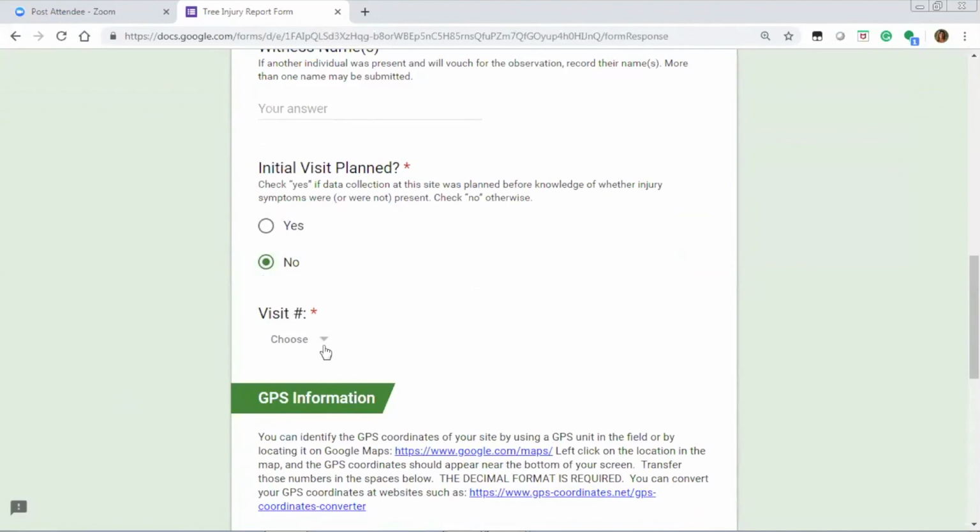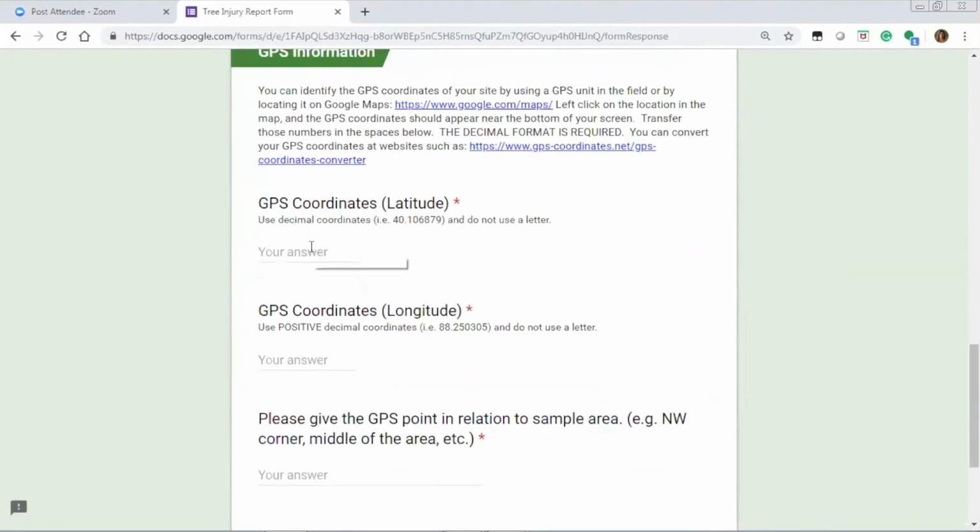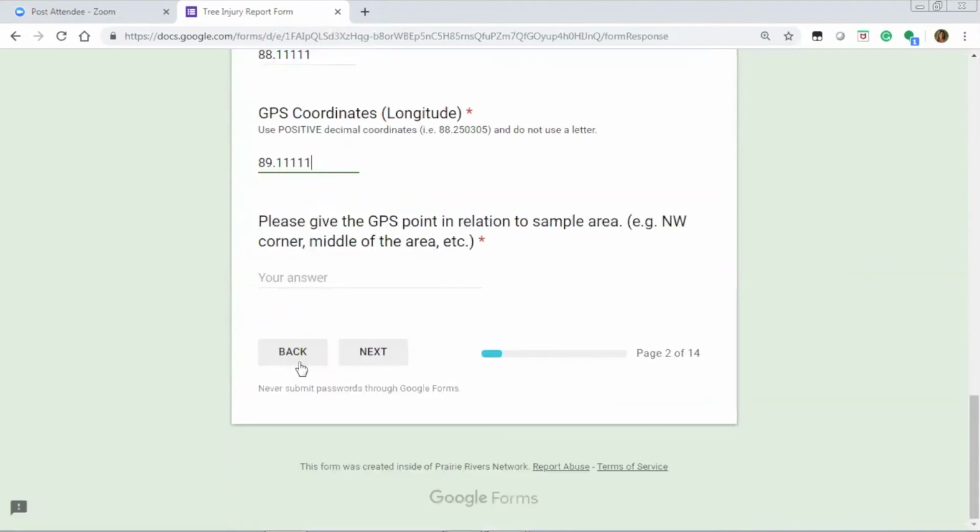It is the first visit. And we're going to enter in GPS coordinates in decimal format. The GPS point was taken in the southwest corner of the monitoring area. Click Next.